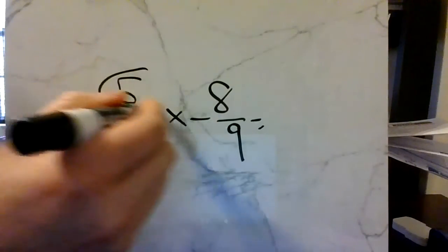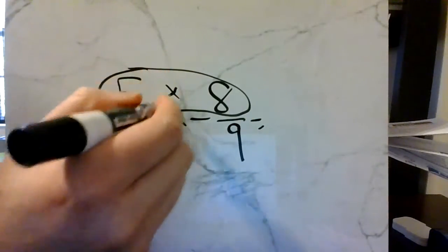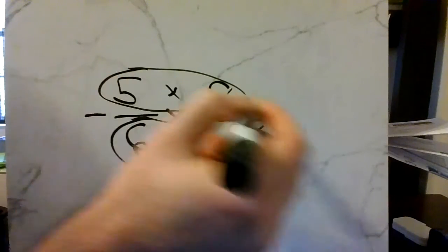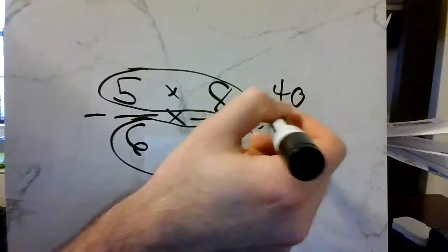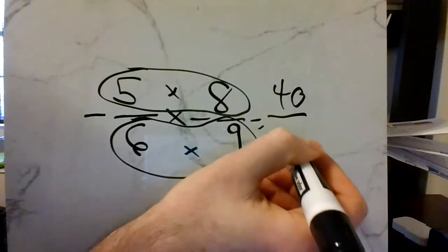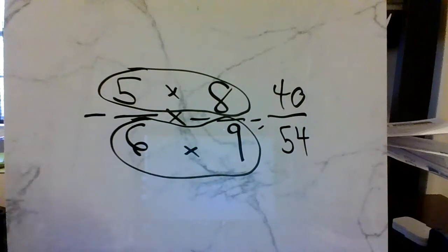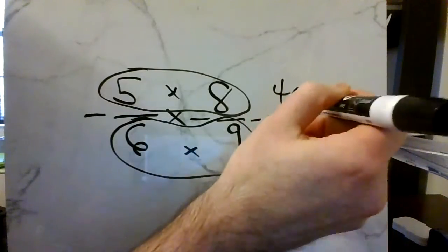Then I just multiply these values. 5 times 8 is 40. 6 times 9 is 54. And I can simplify that. If you have to do this a couple times, that's okay. Just do very simple number simplification. Each of these is divisible by 2.